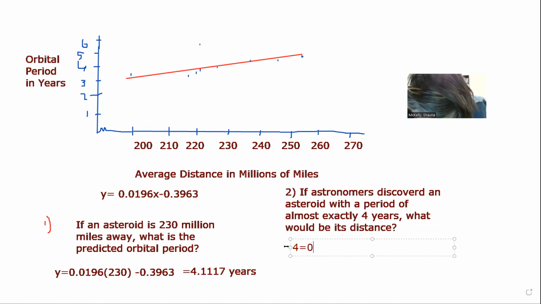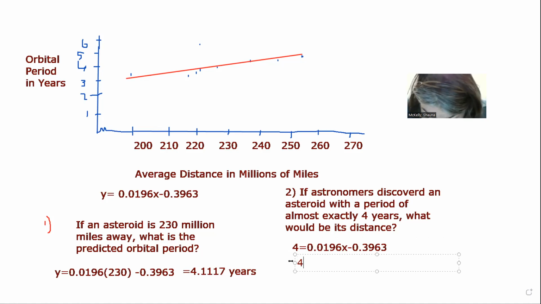So we get 4 equals 0.0196x minus 0.3963. Then I add 0.3963 to both sides.